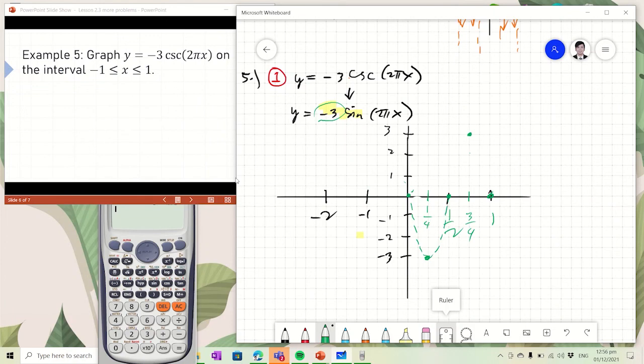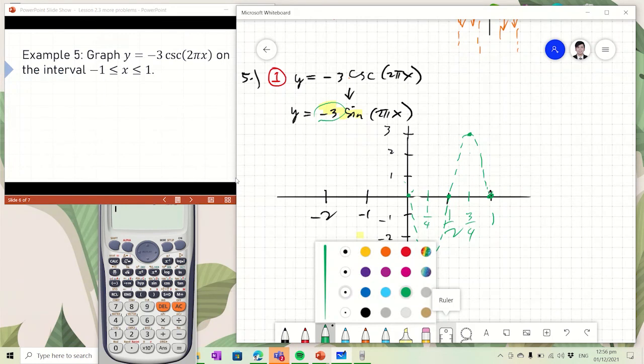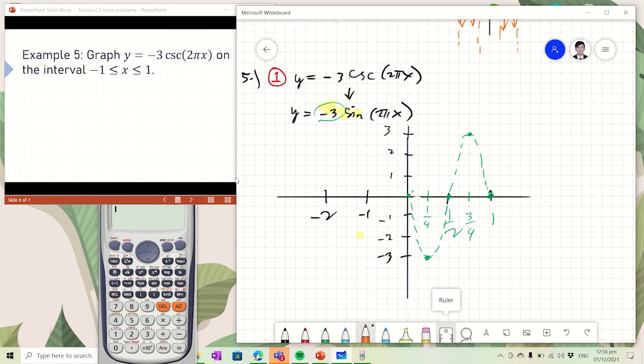So pag ima-manual graph talaga siya, it will really take time. Ayan. Then yung mga nag-intersect sa ating y-axis, those are our asymptotes. That's our second step. So, gawa lang tayo ng vertical broken line.